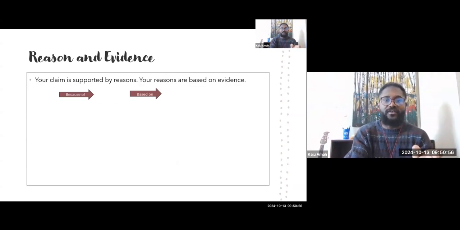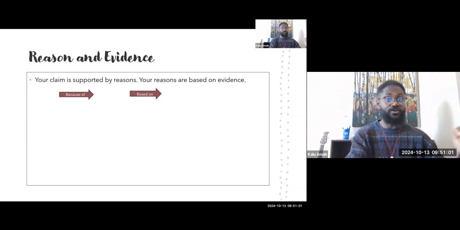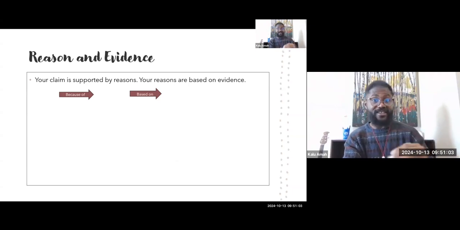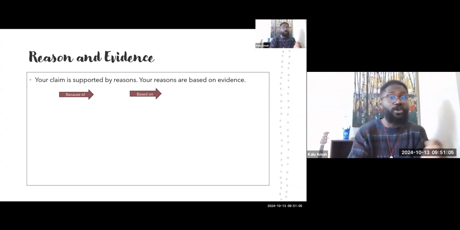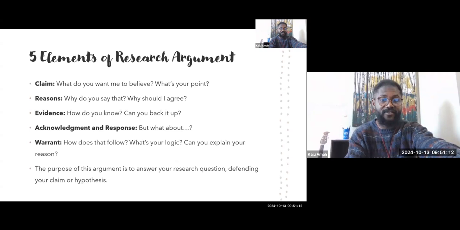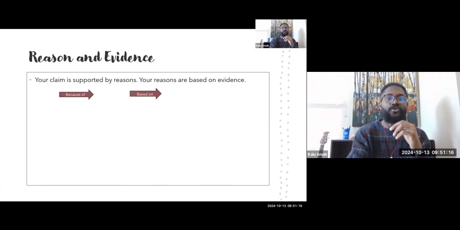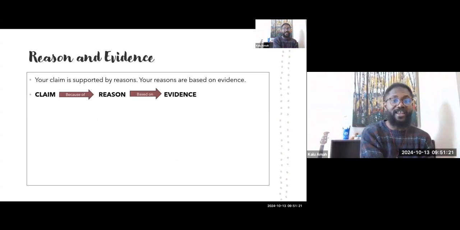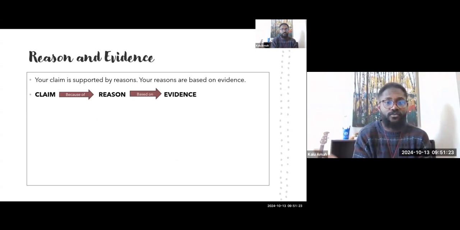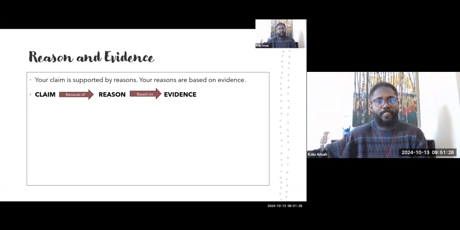So let's talk about reason and evidence. You've made a claim, you've supported it with reason. Then the next thing is evidence. So now I'm going to talk about reason and evidence. And if we go back to this, we find out that evidence is the next thing. So your reasons are based on evidence. You've made a claim because of this reason, based on this evidence.